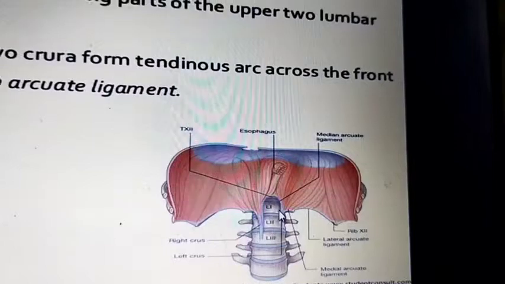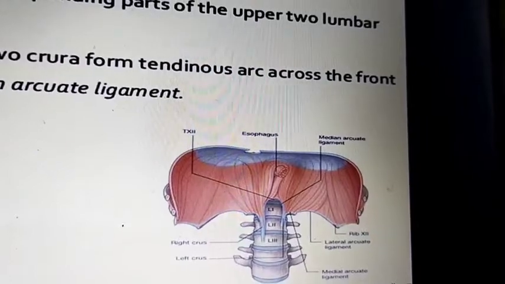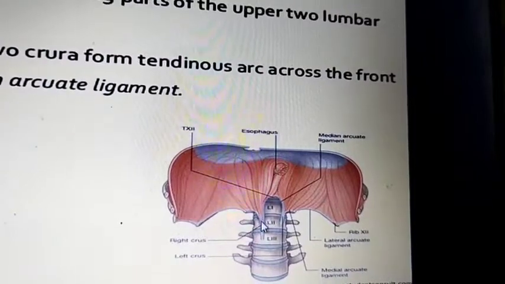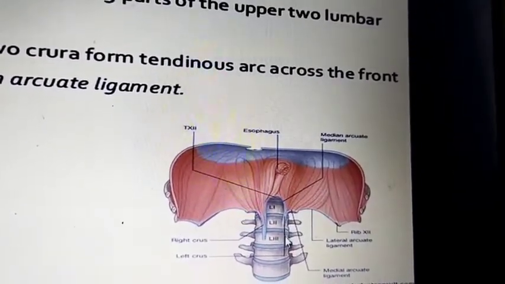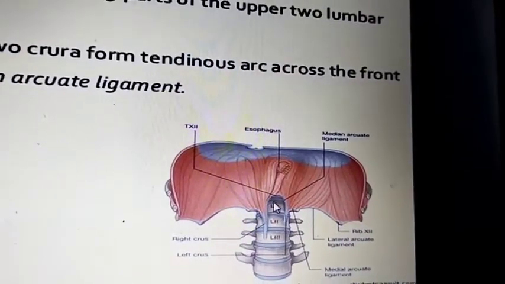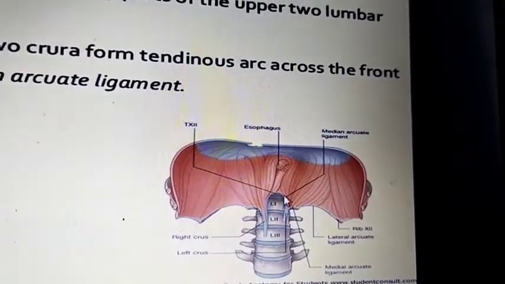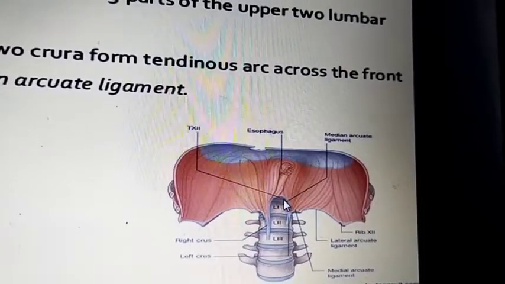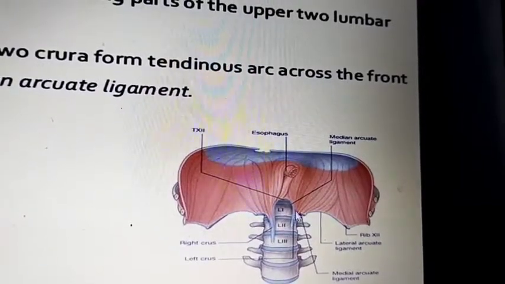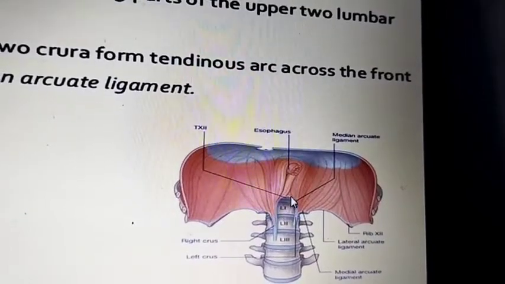The left crus arises from the upper 2 lumbar vertebrae, and their medial margins form a tendinous part that crosses the aorta and forms the median arcuate ligament. The left crus and right crus join together and form the tendinous arch across the front of the aorta, and that is called the median arcuate ligament.